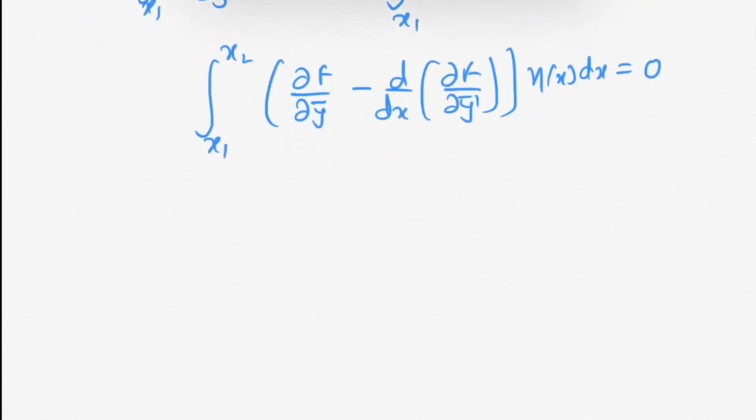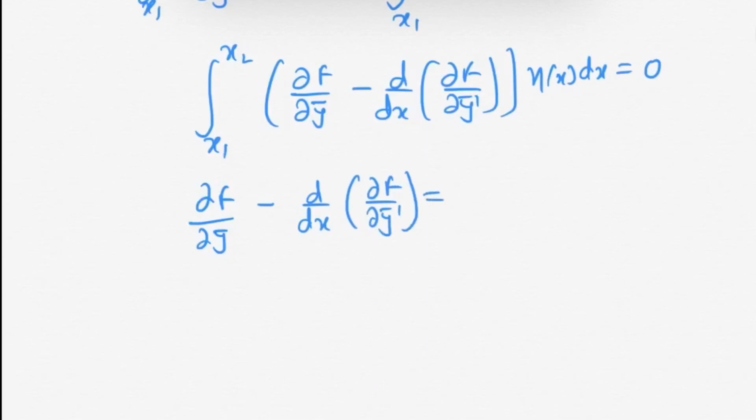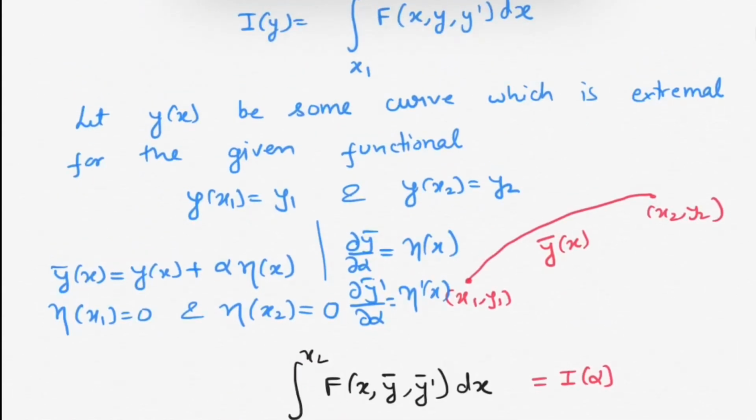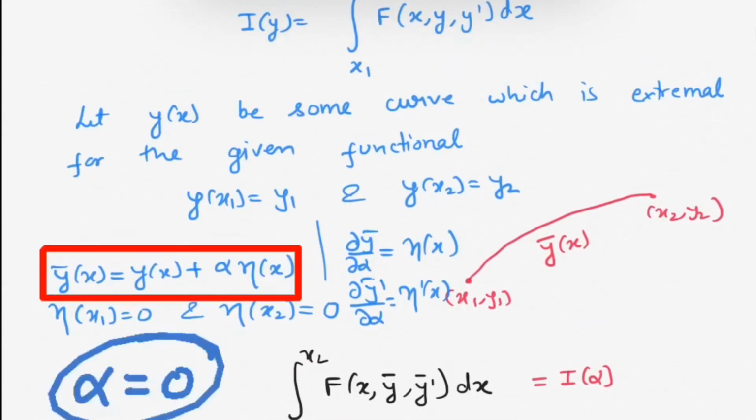So we have del f over del y bar minus d over dx del f over del y bar prime equals 0. Since we are looking for the extremal, the function y bar x will be extreme when alpha is 0.